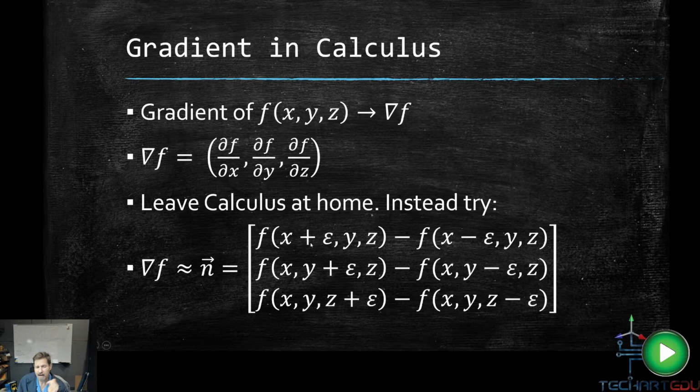So f of x plus epsilon minus f of x minus epsilon, that's going to give us our x component. Then we're going to do the same thing for y: y plus epsilon minus y minus epsilon, and that gives us our y component. And then our z component is z plus epsilon minus z minus epsilon.